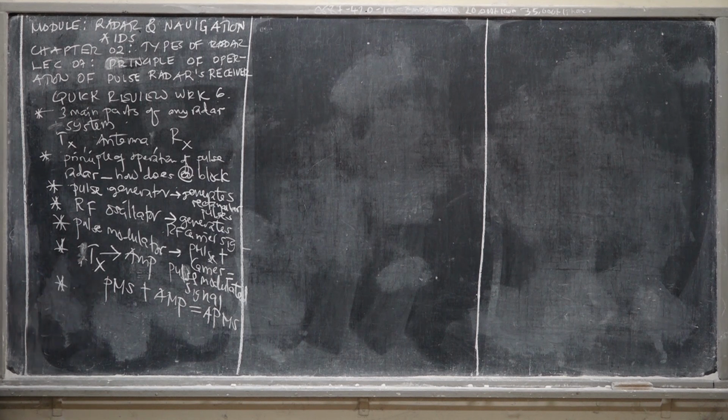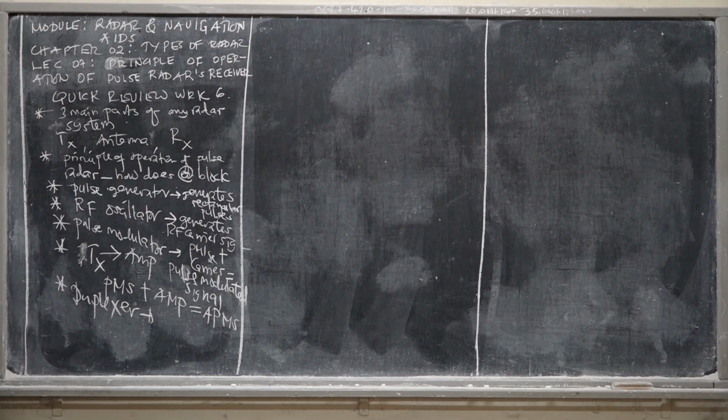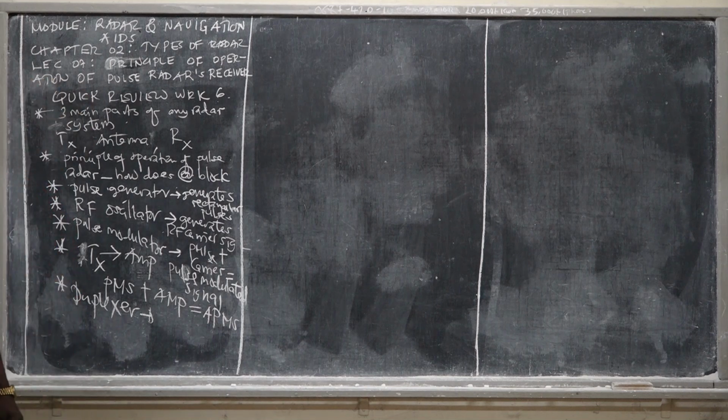Then the next block is what? The duplexer. What is the duplexer? It's a telecommunication switch. What is the principle of operation of the duplexer?